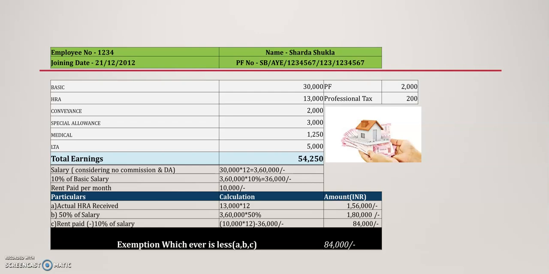So you need to do the calculation as shown in this slide, and then you can definitely claim it. One more question which crops up is that if you have your own house in a different city and you are staying in another city and paying rent, then of course you can claim this exemption.